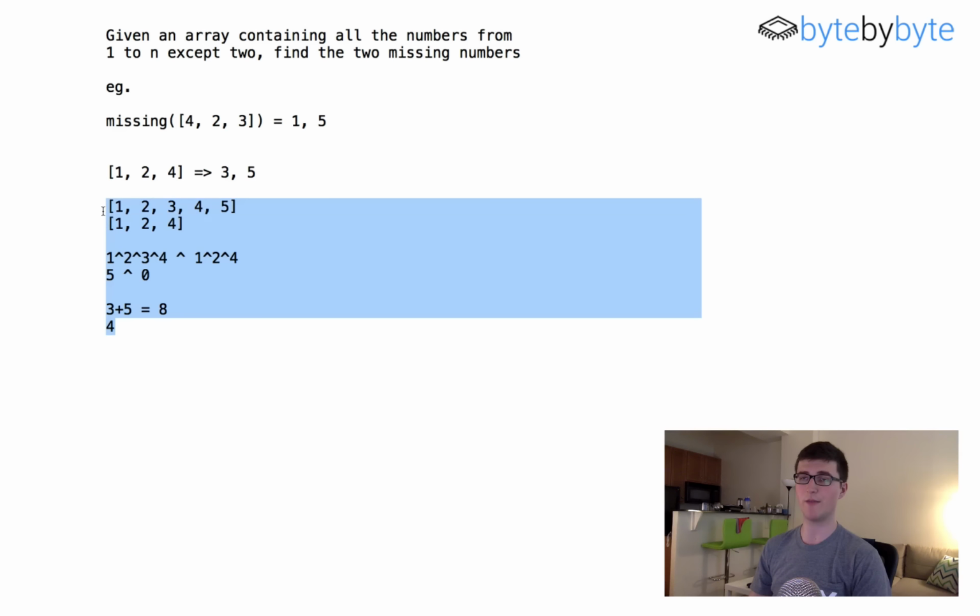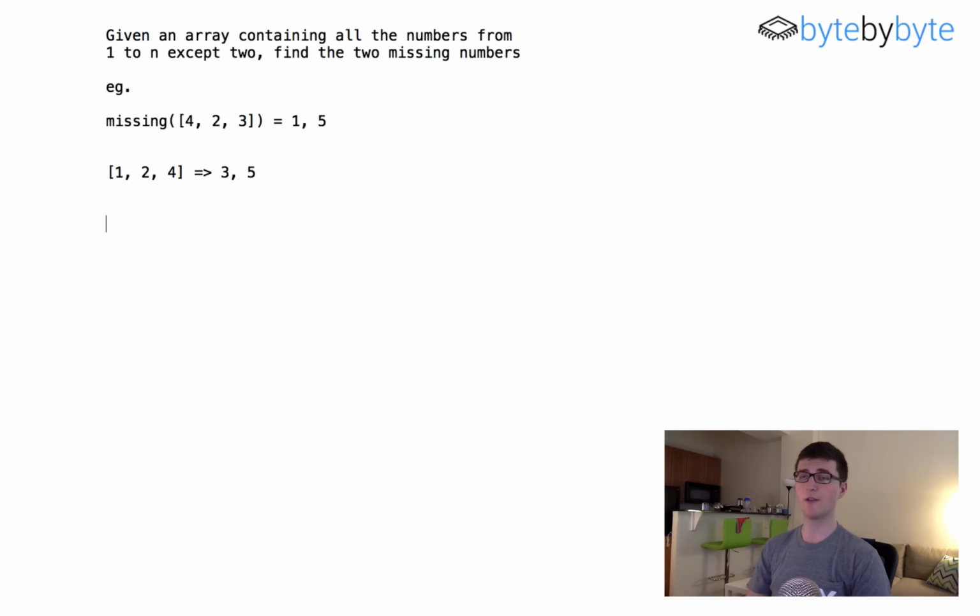Let's look at another example that might be slightly more clear, because this isn't divided very evenly. If we look at an example like 1, 2, 5, 6, we're missing 3 and 4. Our actual sequence should be 1, 2, 3, 4, 5, 6. The sum of the missing numbers is 3 plus 4, which is equal to 7.